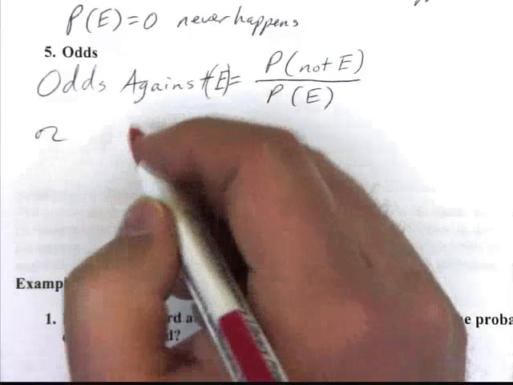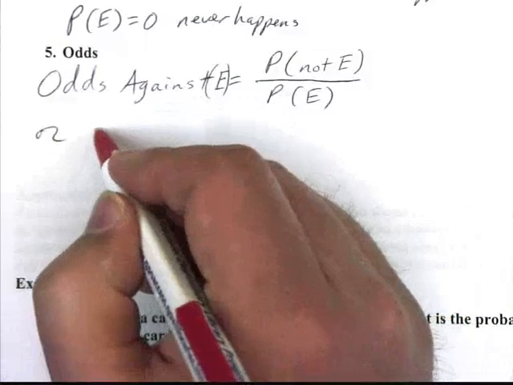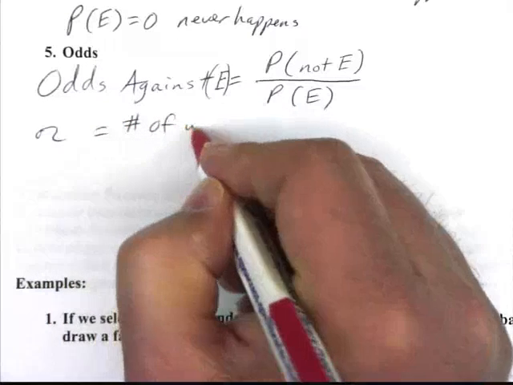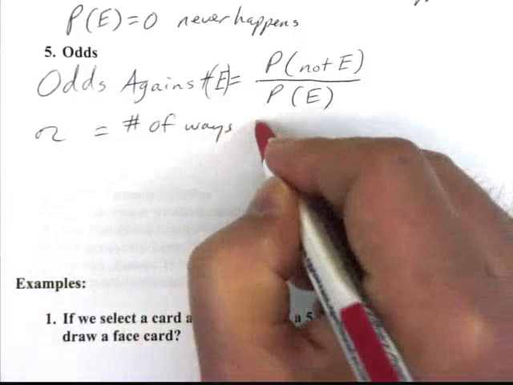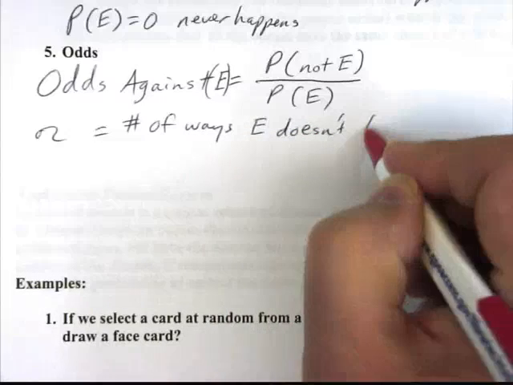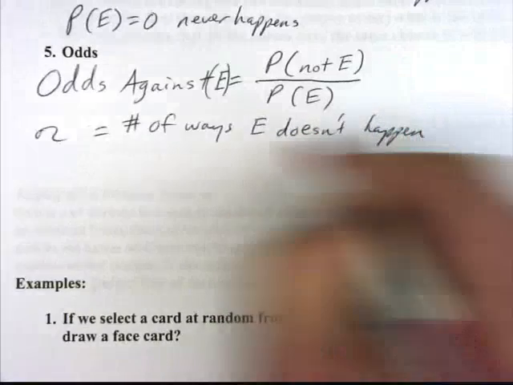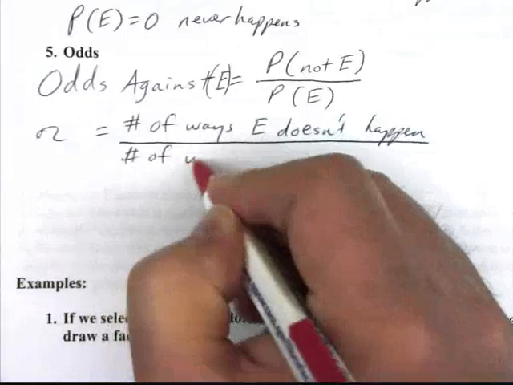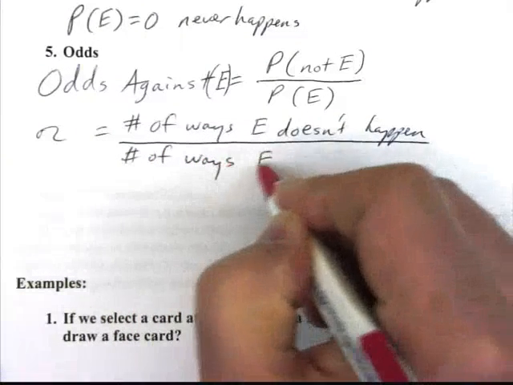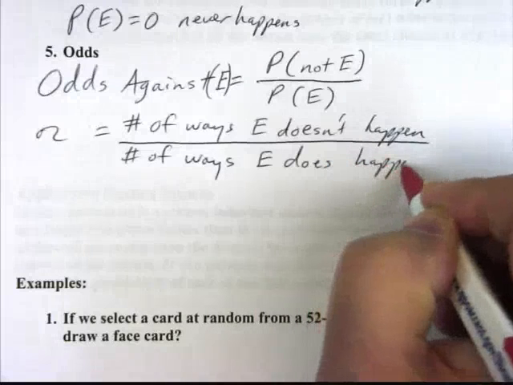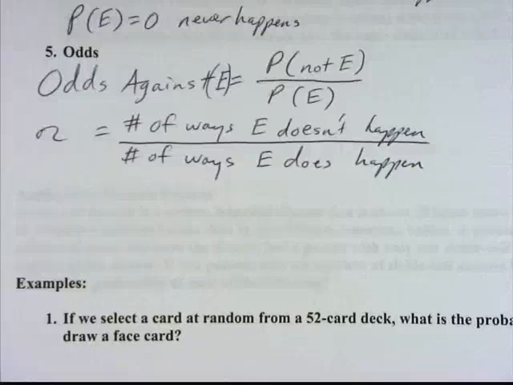Or, another way to say that is that the odds against are the number of ways E doesn't happen over the number of ways E does happen. And we can kind of see that from up above.